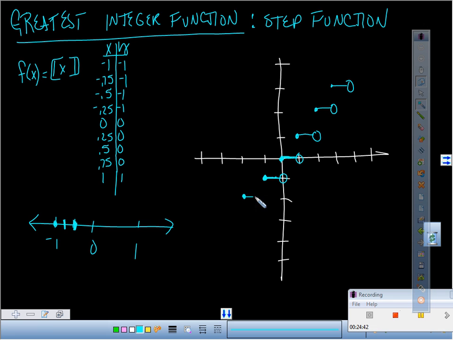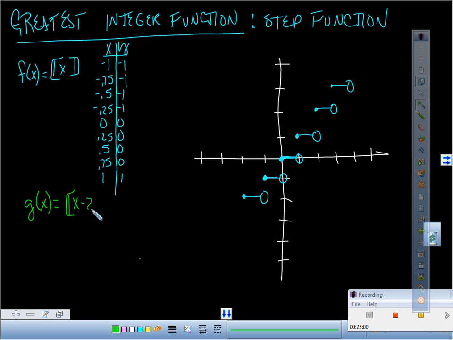Okay, so here's the real problem. Everybody ready? What if I said, plot this? Plot this. All right, there it is. What if I said plot this one, guys?